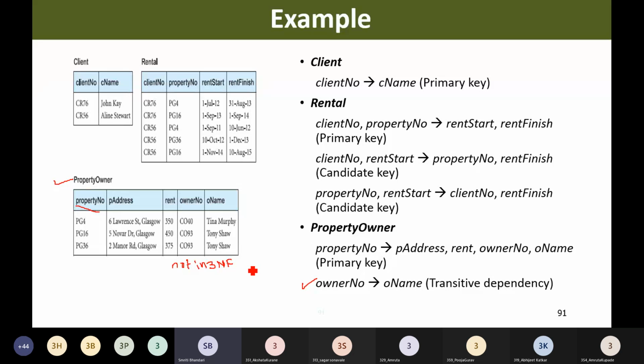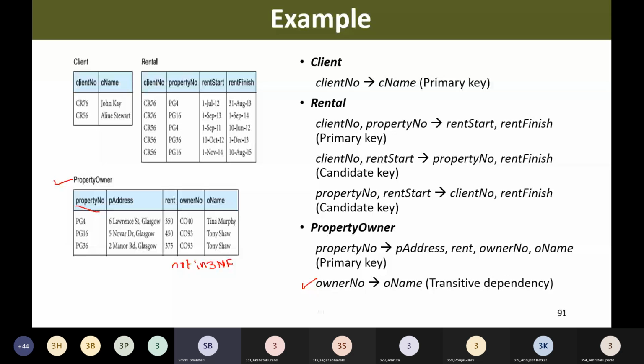Though this relation is in 2NF, it is not satisfying the condition for third normal form because there exists a transitive dependency in this relation. So this relation is not in 3NF.